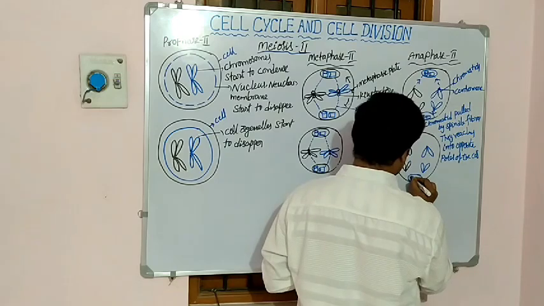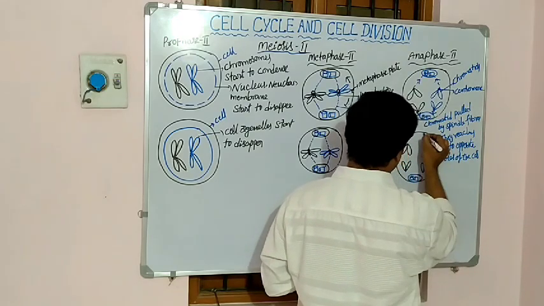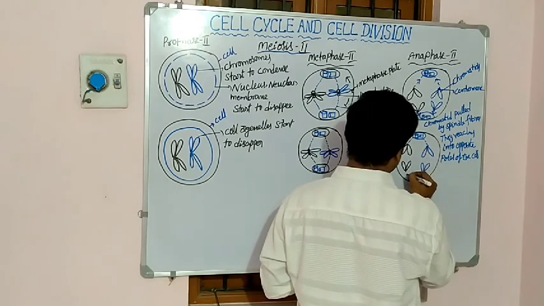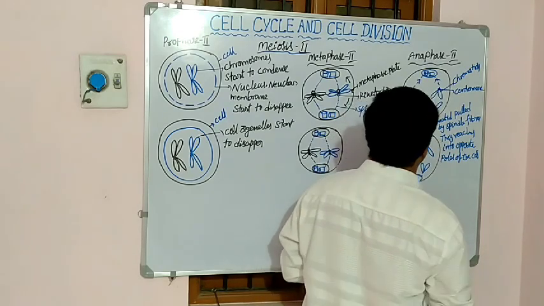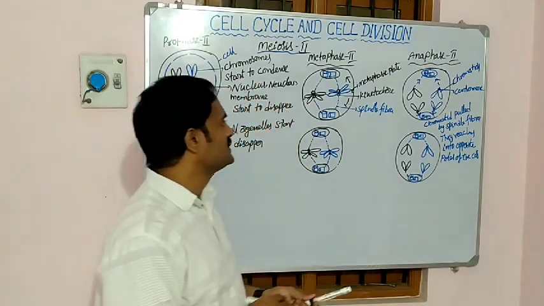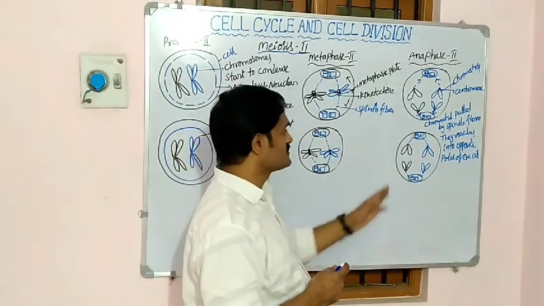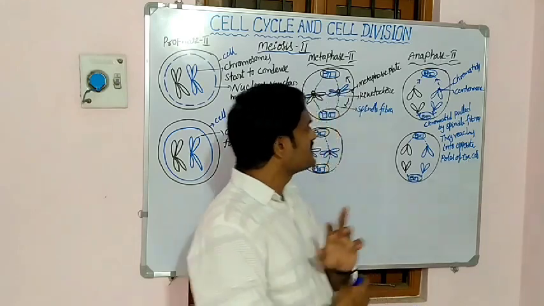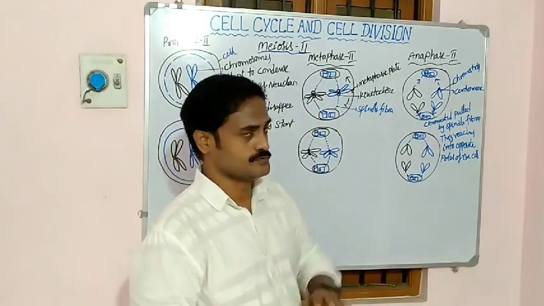See, this is the centrosome, with centrioles inside on both sides. The spindle fibers pull the chromosomes to their opposite poles. Okay, these are the changes we noticed in anaphase 2.